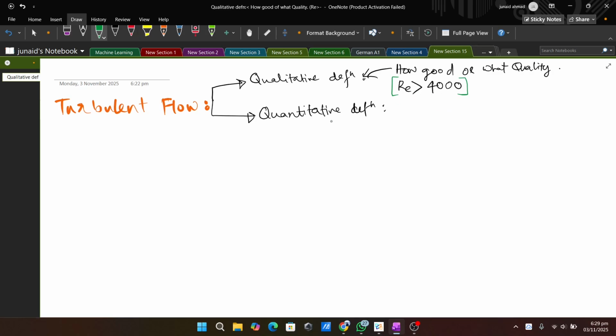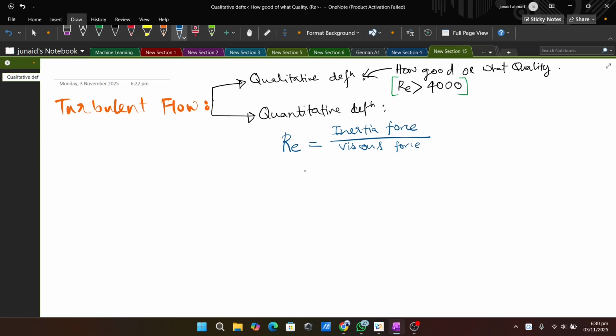But in case of the quantitative approach, or quantitative view, you can say that Re, the value of the Reynolds number, is basically the ratio of inertia force over the viscous force, right?